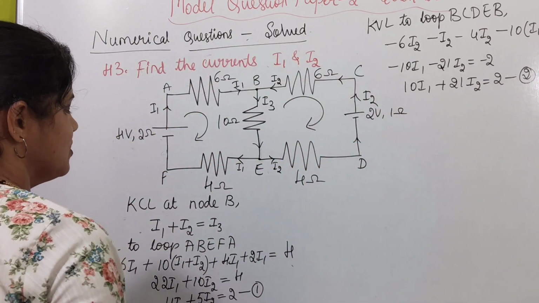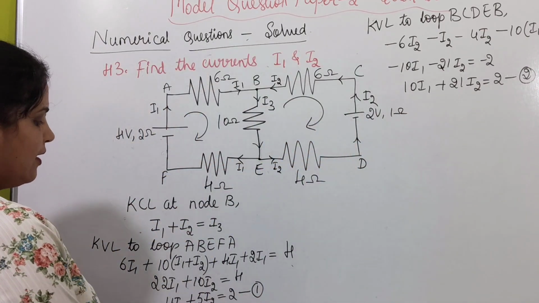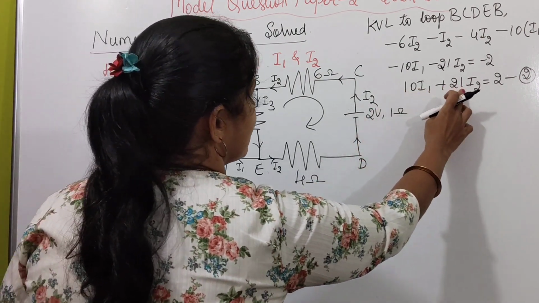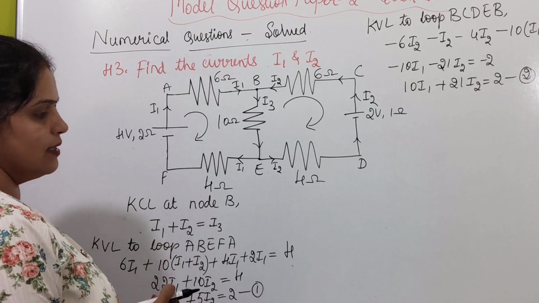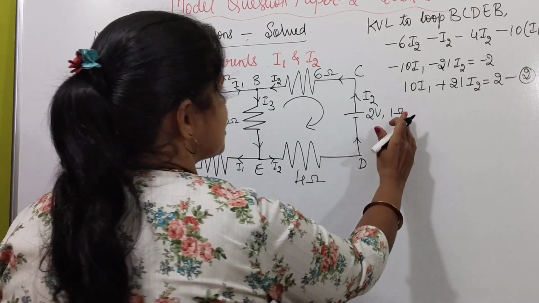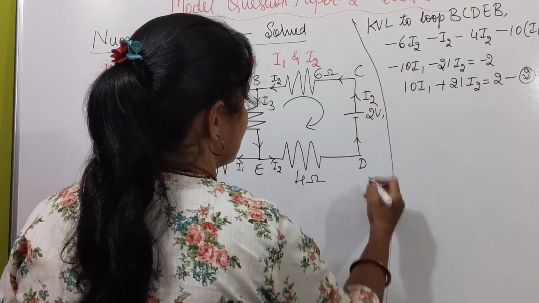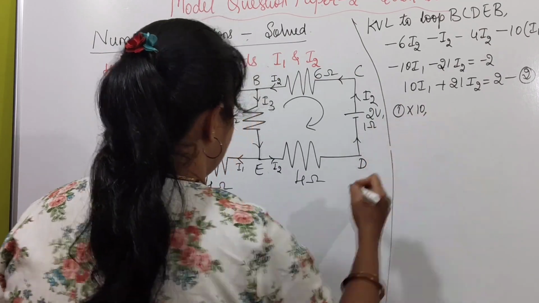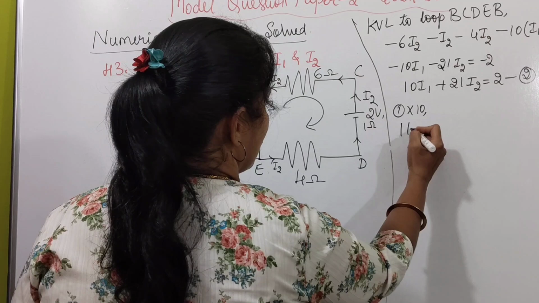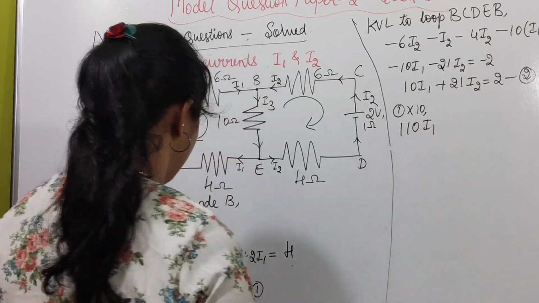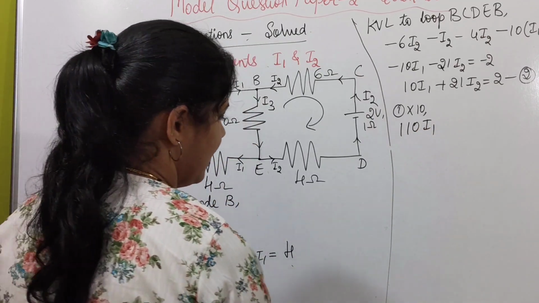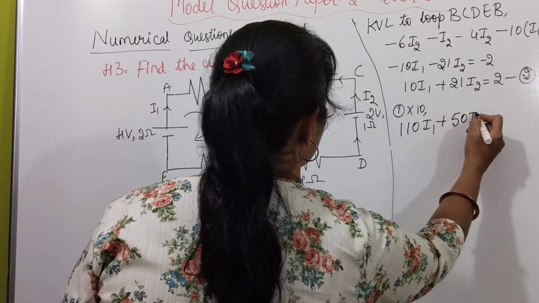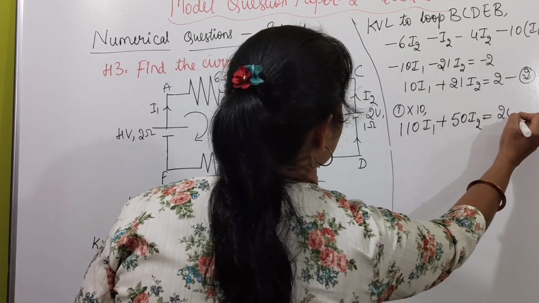Now let us simplify these two equations. So here you can see 11 I1 plus 5 I2 is 2. This is 10 I1 plus 21 I2 is 2. To simplify it, let us multiply equation 1 by 10. Then it becomes 11 into 10 is 110 I1 plus 50 I2 is equal to 20.